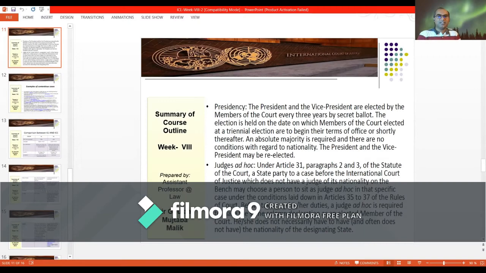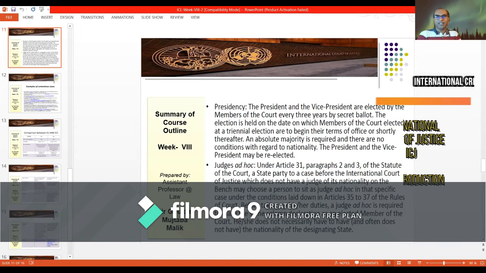So there is no representation from Pakistan. So Pakistan requested, as per the articles of the statute, that a judge can be appointed when any state requests because there is no representation. So Justice Jilani was elected as the ad hoc judge in that case.